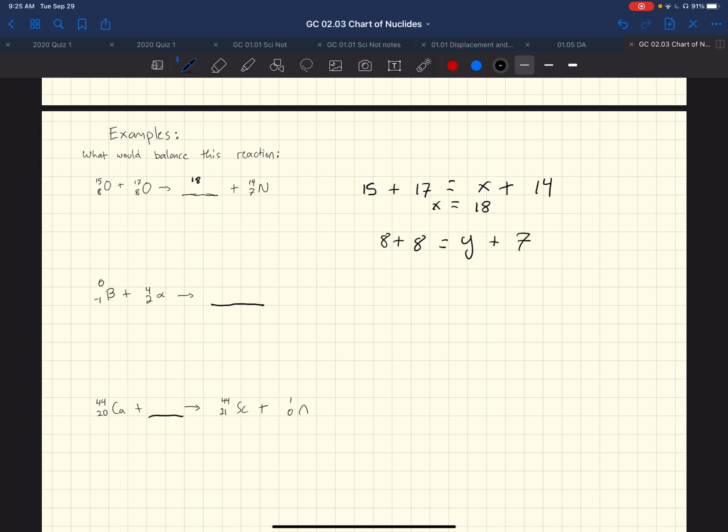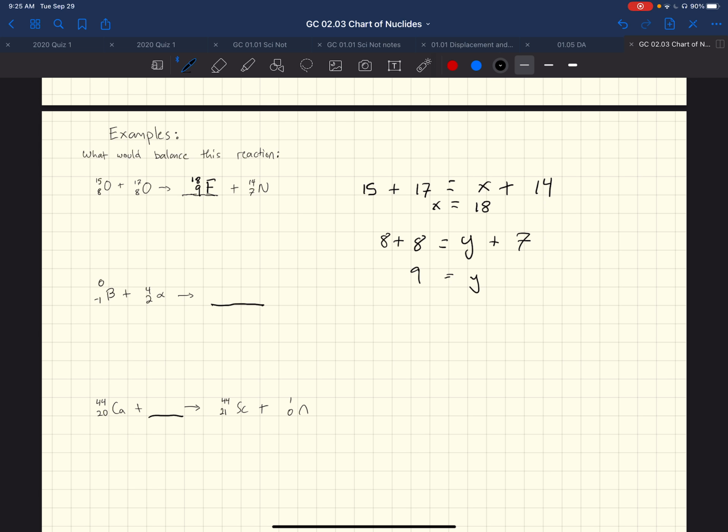And in this case, y will equal 9. Okay, so I've got 18 over 9, and that means that this is an isotope of fluorine. Okay, so now you can try the other two if you got that one wrong, and I'll work my way through these as well.